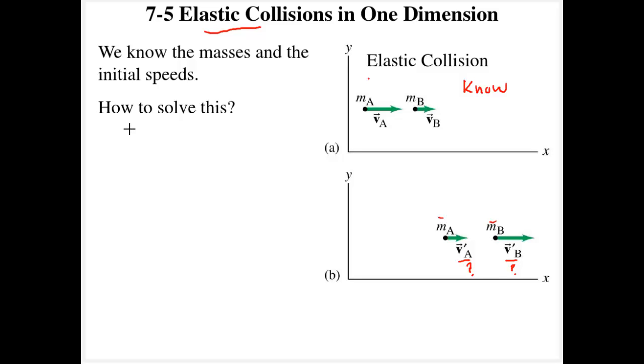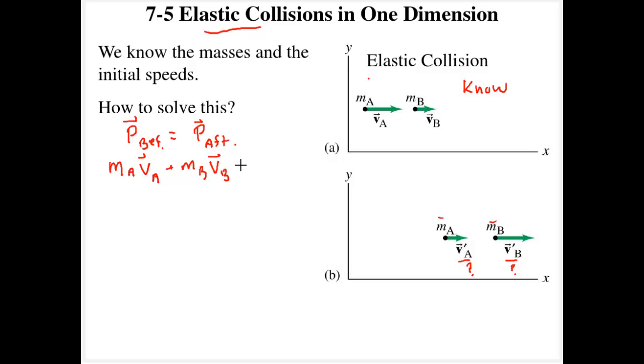To solve this, I know that momentum is always going to be conserved. The momentum before has got to be equal to the momentum afterwards, and I can write what the momentum is. It's going to be the mass of A multiplied by the velocity of A, plus the mass of B multiplied by the velocity of B. These two together are the momentum beforehand.